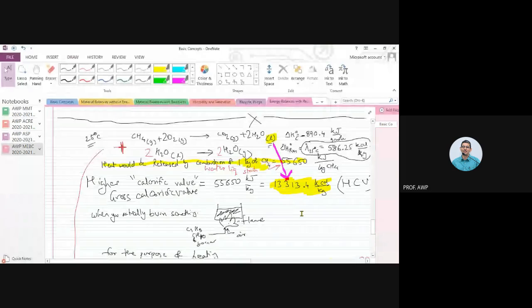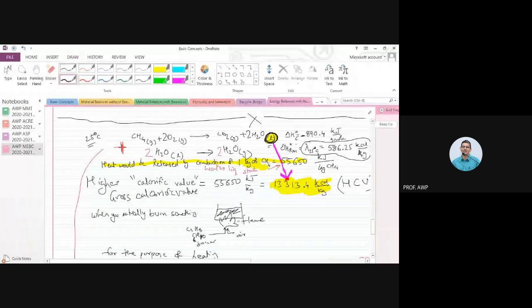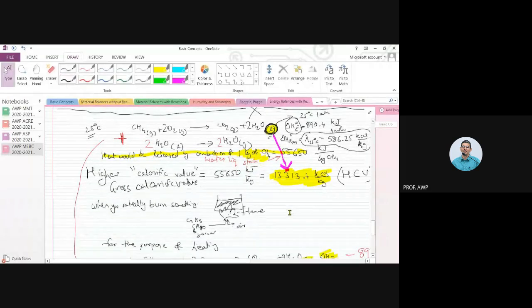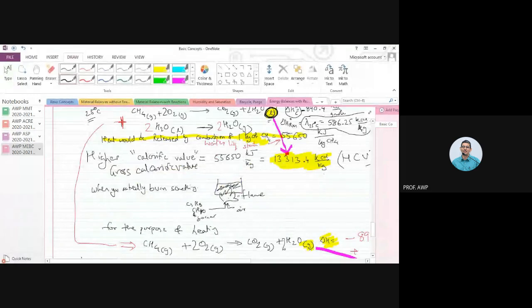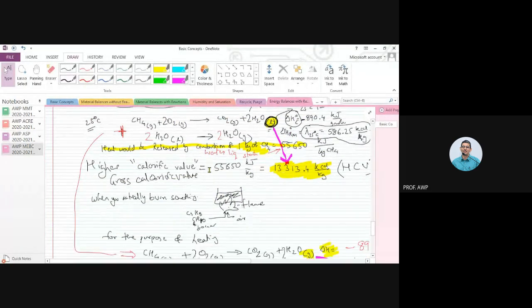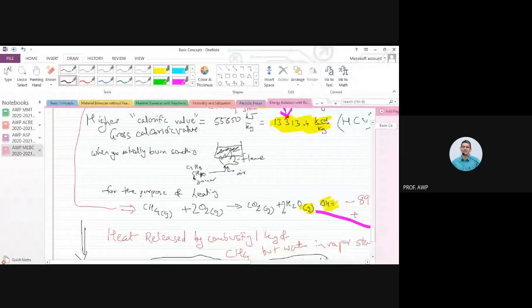Okay, so again to emphasize, the standard heat of combustion means that H2O is in the liquid state. Standard, 25 degrees centigrade, 1 atmosphere, water exists as liquid water. And if I want the heat of reaction with water in the gas state, I will just have to add this reaction, and then we can calculate the heat of reaction of this particular reaction where H2O is in the gas state.